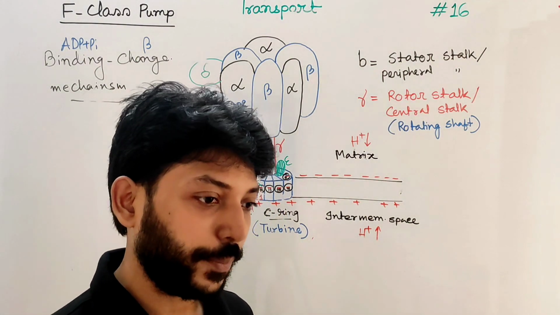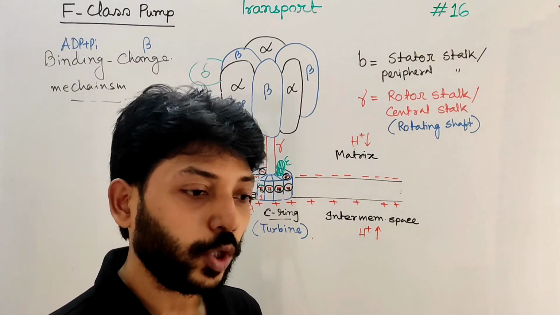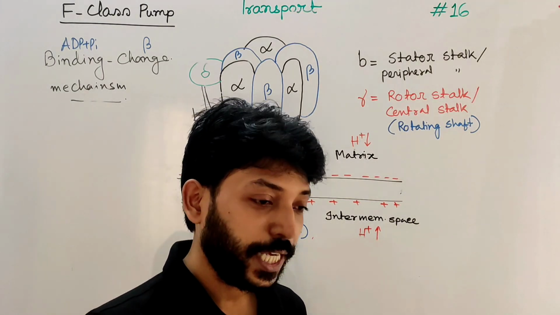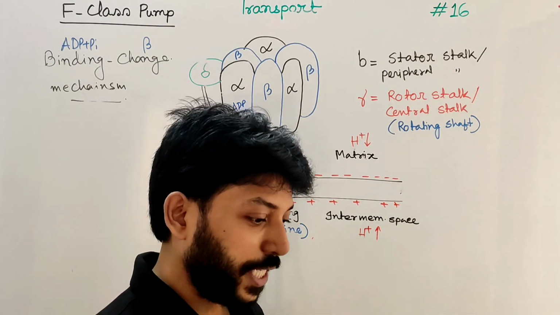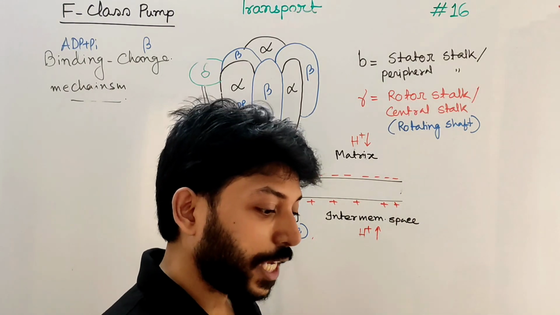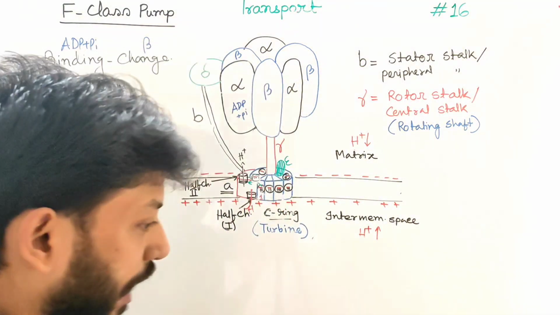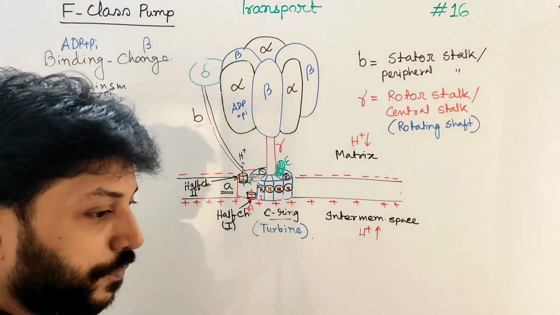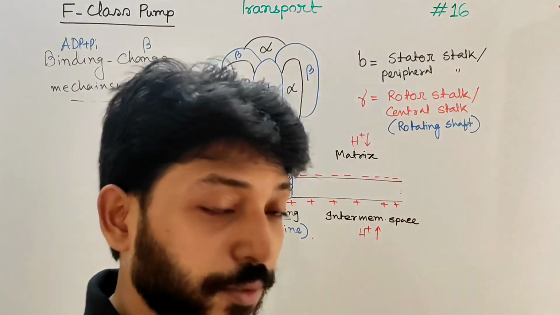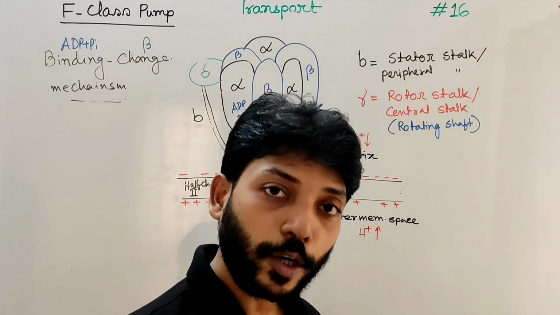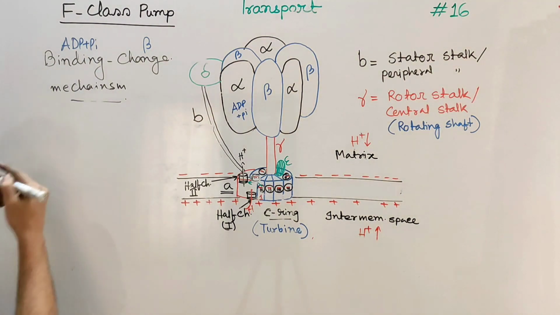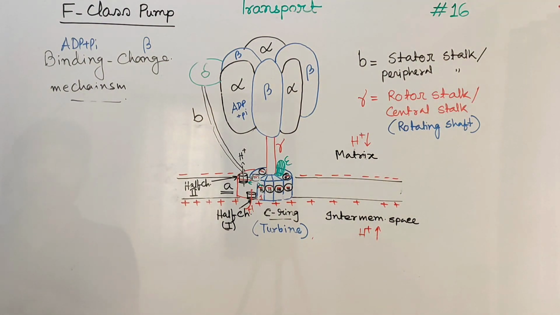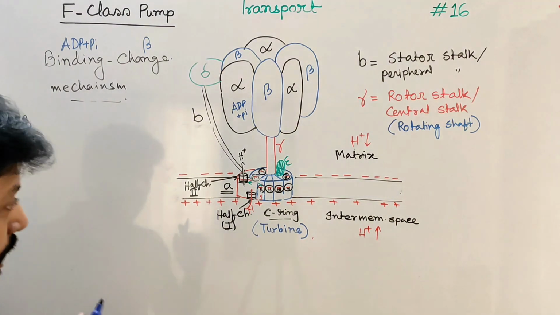This hypothesis was proposed by Paul Boyer in 1979, but in 1994 John Walker at the Medical Research Council discovered through X-ray crystallography the exact nature of the beta subunit conformational changes. He observed that these beta subunits go through three conformational changes.